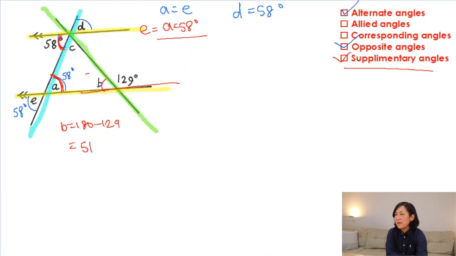Since we know that B is 51, our final mission is finding C. How can you find C? It's easy to find C. We can use a triangle and we can also use supplementary angles, right? So let's see, C plus 58 plus 51 is 180.